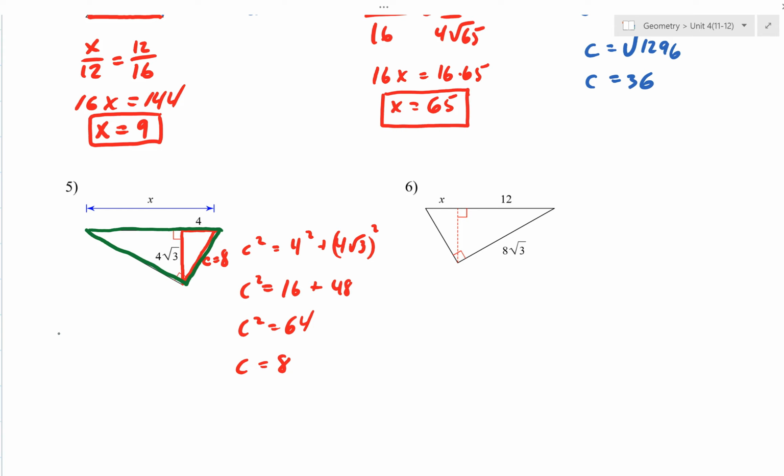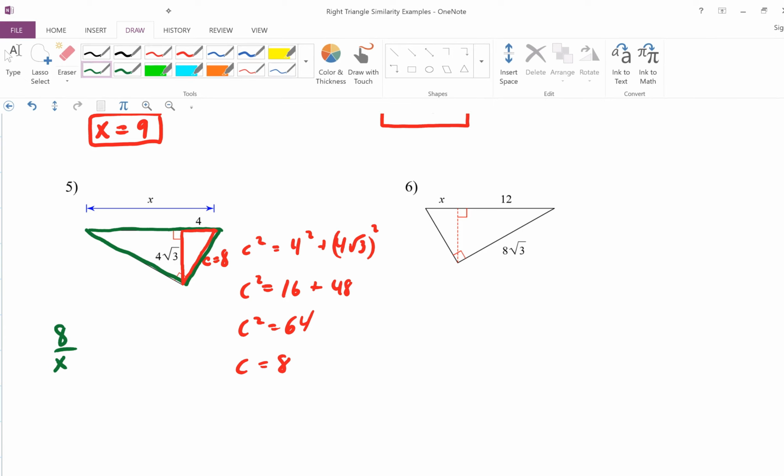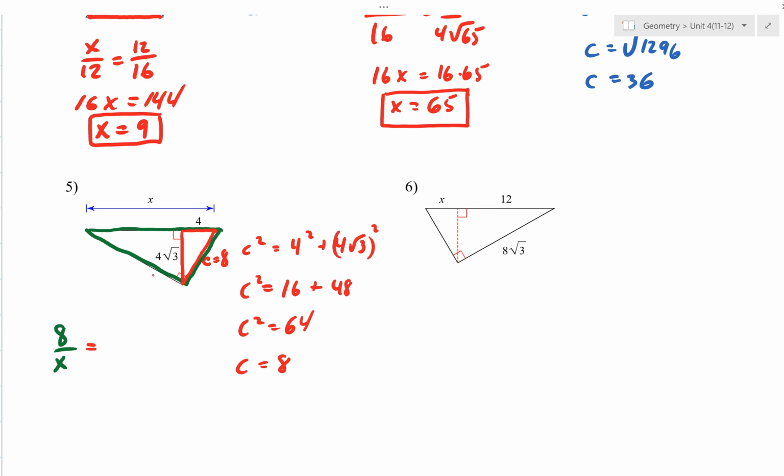So we can say short leg 8 over hypotenuse x, that's from the green triangle, equals short leg 4 over hypotenuse 8 in the small red triangle. And now when we cross multiply, we have 4x equals 64, so x equals 16.